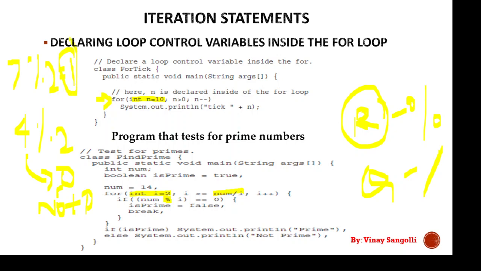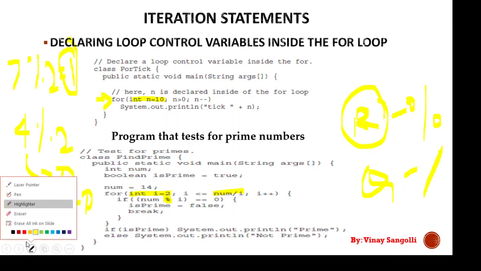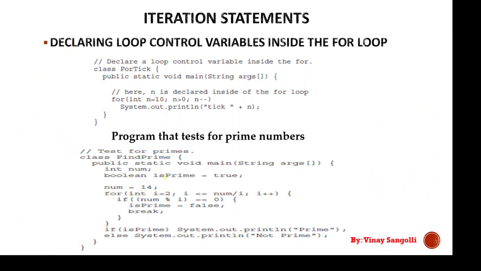Therefore we say that it is prime. In order to demonstrate that, we will be using this mod sign. So we will see its output. Moving ahead, I will just complete the loop. If it is equal to 0, it will say isPrime is false, that is, it's not a prime number, and break the loop.